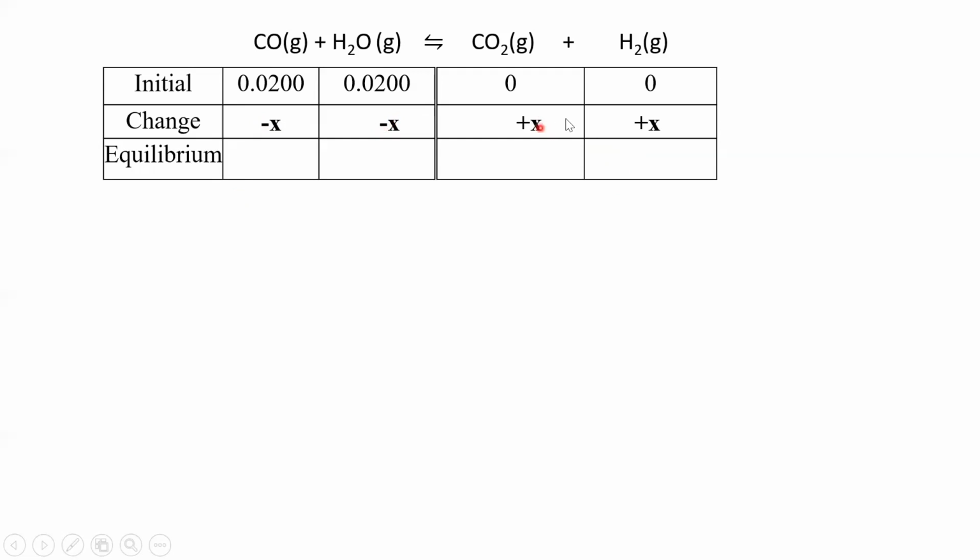We know we're going to be producing product. We don't know how much, but based on the stoichiometry, it's going to be the same amount. So that means at equilibrium, we're going to have 0.0200 minus X, 0.0200 minus X, X, and X.